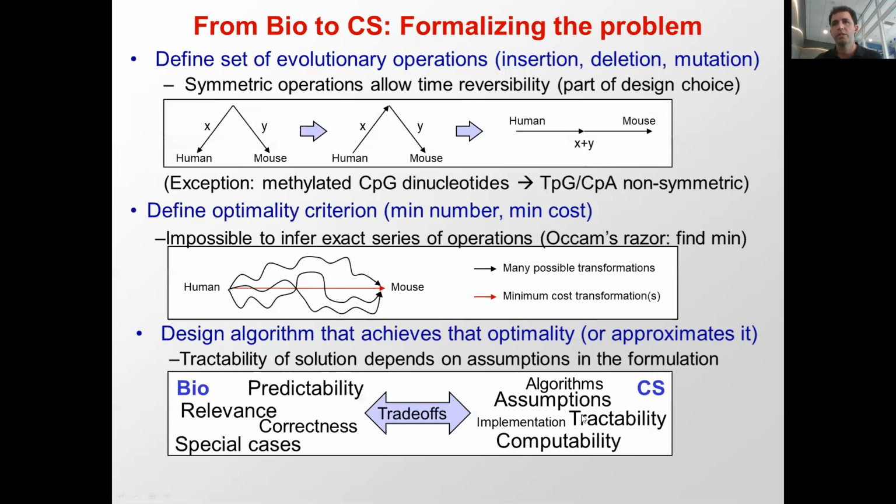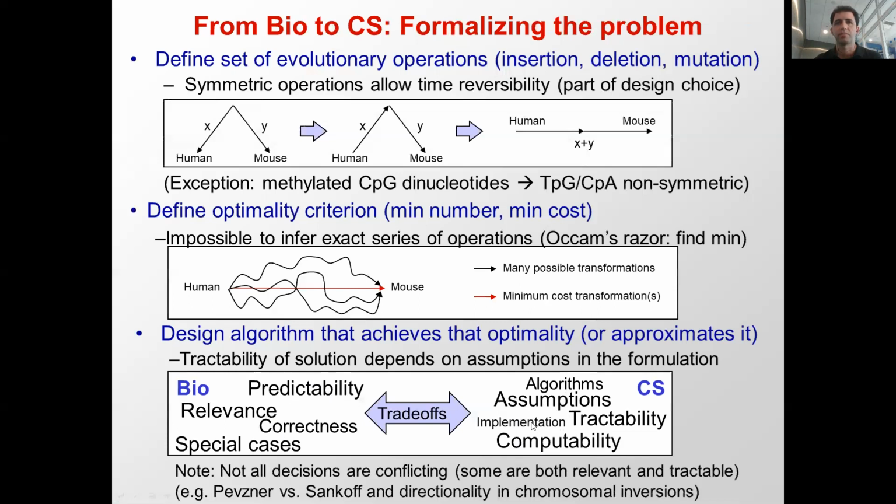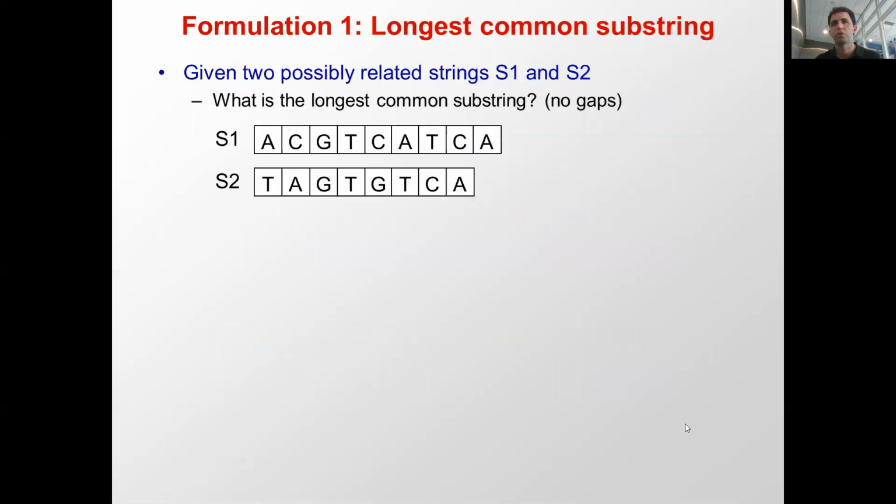And on the other side, the closer we are to CS, the easier it will be to actually define algorithms for the problem, understand the assumptions, the tractability, the implementation, and the computability. And of course, not all decisions are conflicting. Sometimes we'll make a decision that will be both making the biology better and making the computation more tractable.